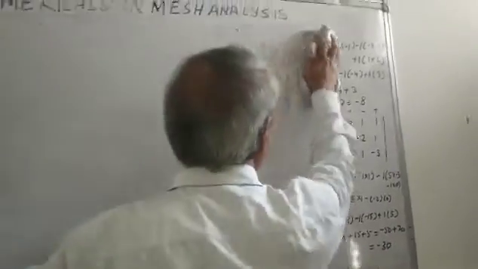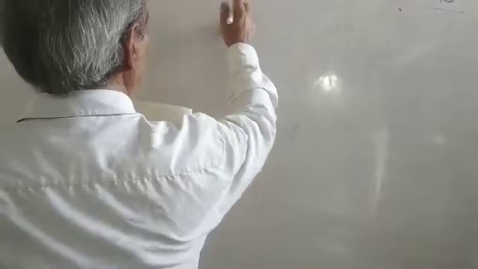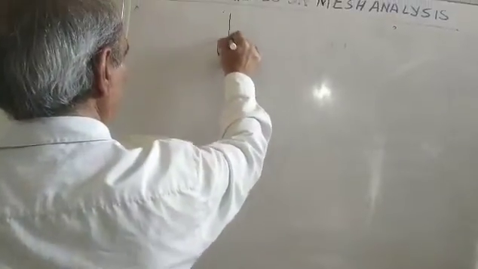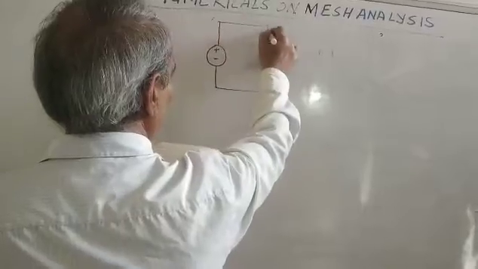It's a new concept in mesh analysis. You should know this concept also. Otherwise, when applying the KVL or mesh analysis, it becomes difficult to solve such type of problems.